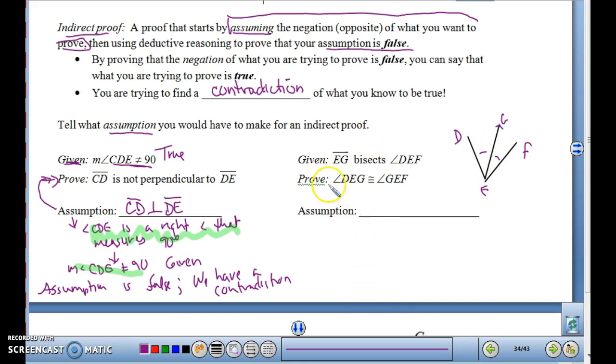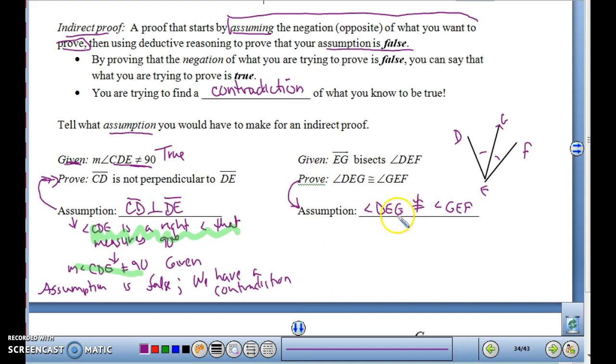However, I want to prove that DEG is congruent to GEF using indirect proof. So my assumption is that these are not congruent: angle DEG is not congruent to angle GEF, because I am negating what I'm trying to prove.